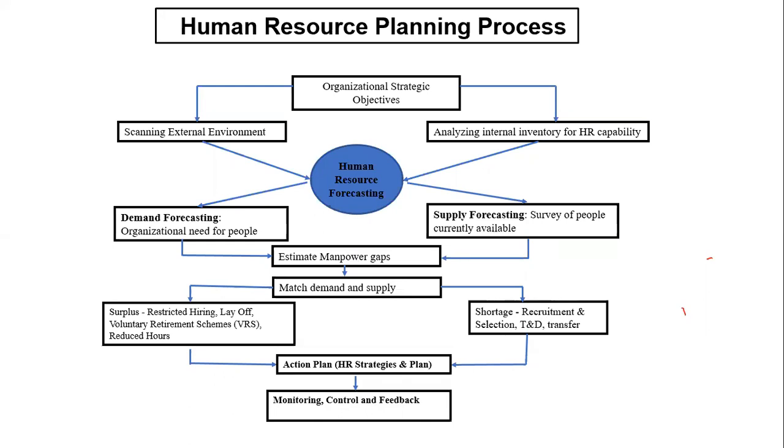I will repeat myself, and I know why I'm doing this. The last stage, which is monitoring, control, and feedback, is constantly having a relationship with the action plan and other outcomes of the match between human resource demand and supply forecasting.